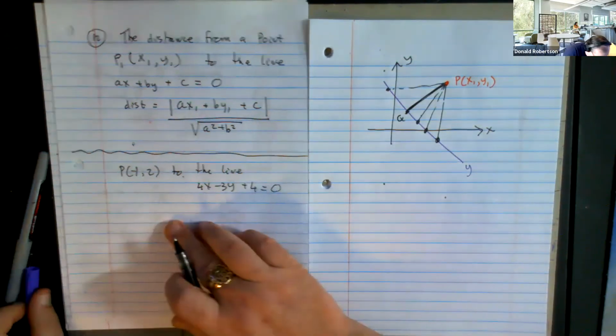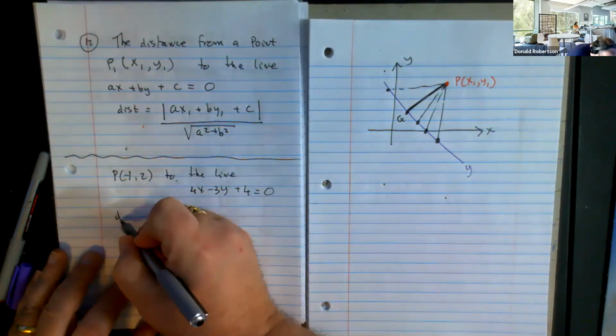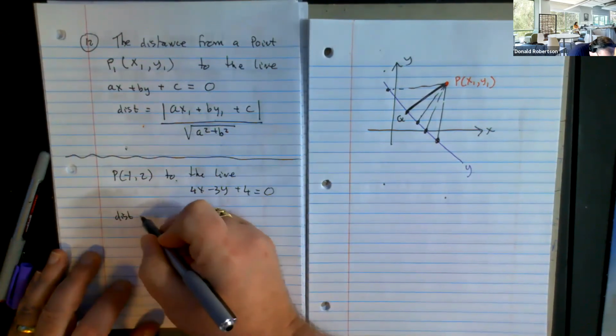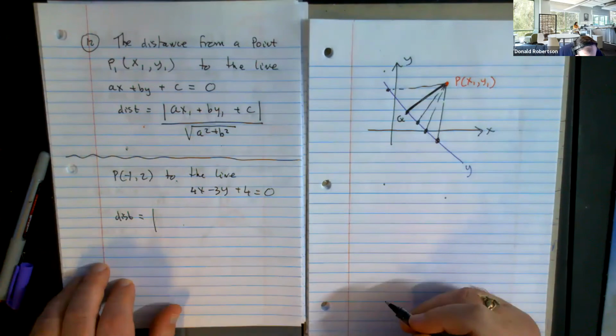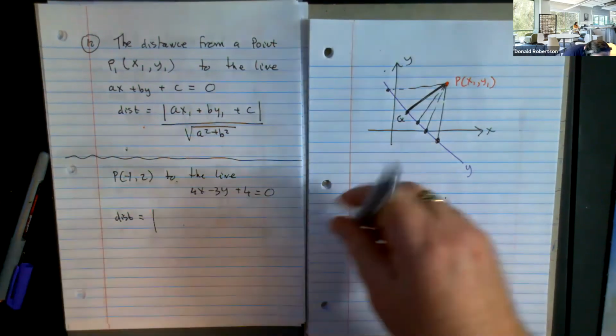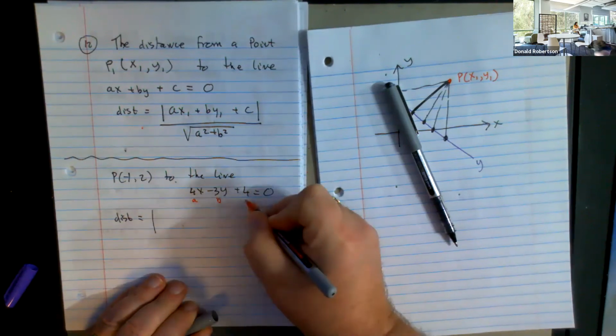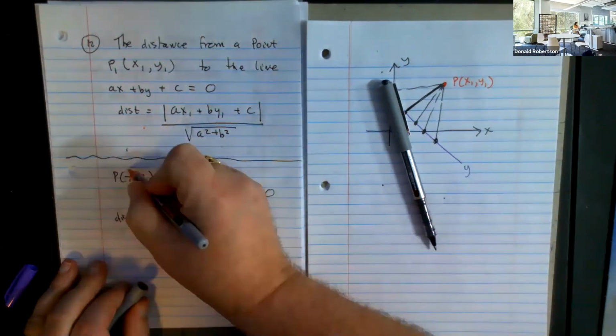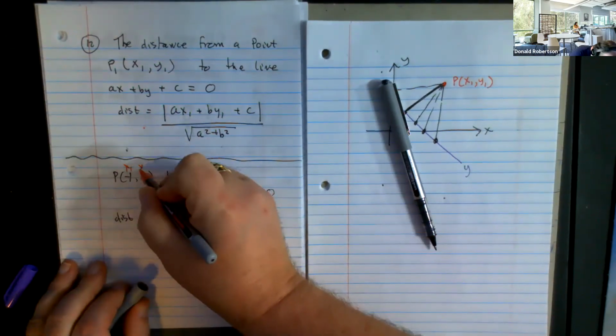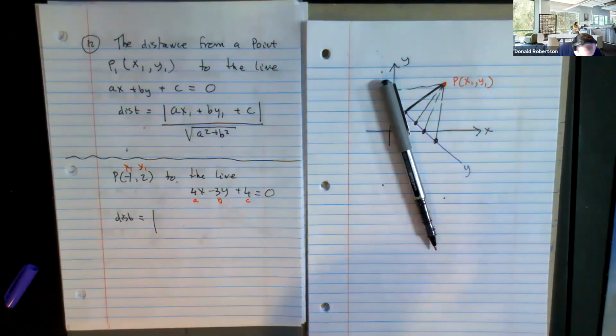The application is actually plug and chug. So who have we got? I guess I'll put little labels on them. You are A, you are B, and you are C. You're going to be X1 and you're going to be Y1. Okay.